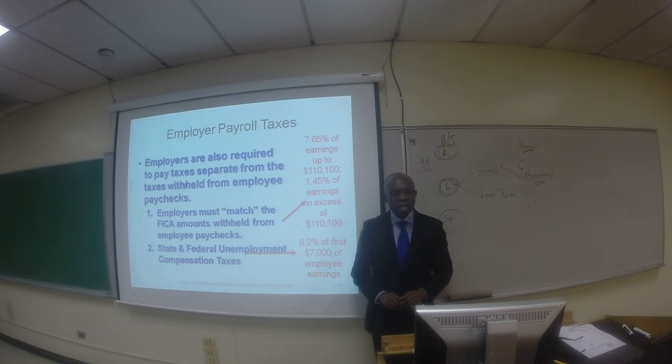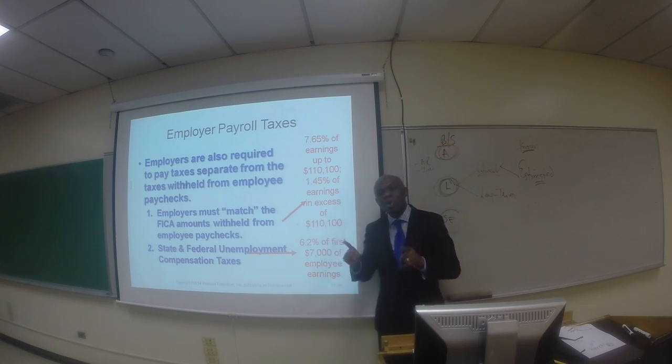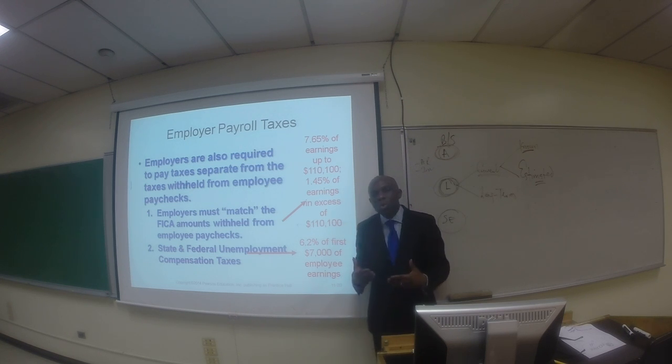Now, let's take a look at another important thing about payroll that a lot of people are not aware of. The entry that we just talked about was the entry to record salaries and wages paid to the employees. Then guess what? The company also has another type of special obligation relative to payroll. What is that?